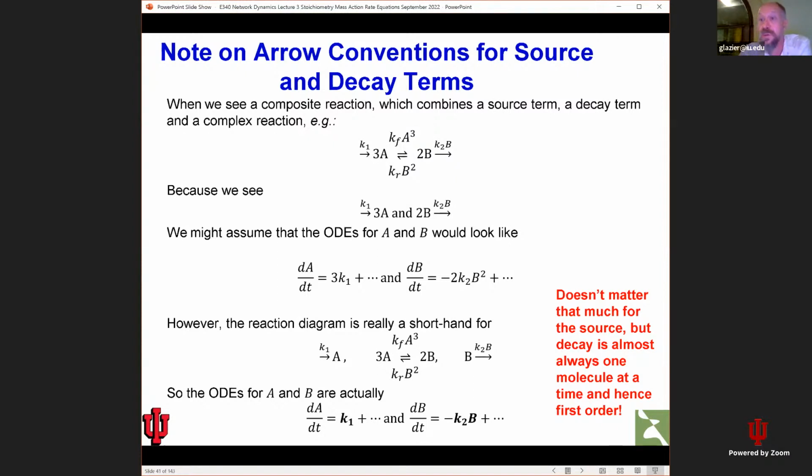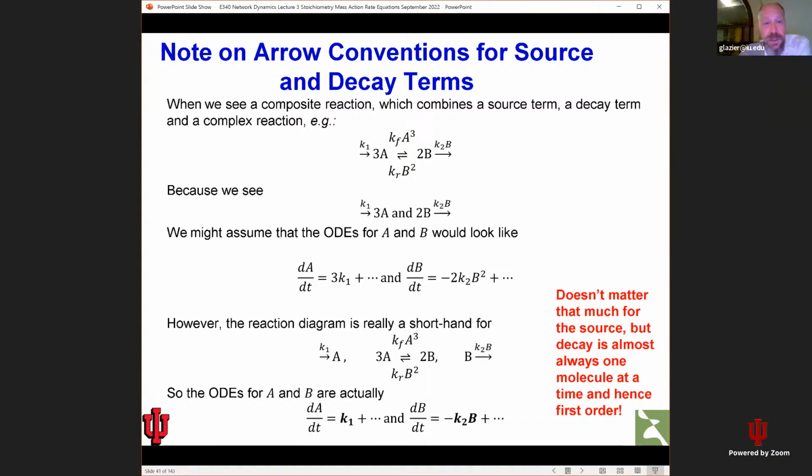Mass action is used so much that if somebody writes only the rate constant, you assume mass action. So it's a shorthand. It's a very dangerous shorthand, because what it really should mean is that there's a constant rate of reaction that's independent of the concentration. Since that can't be right, you interpret it as mass action.